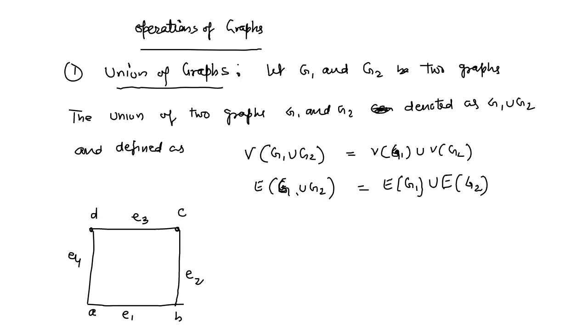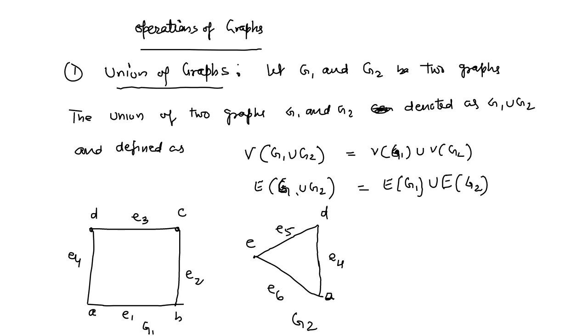Another graph we draw, having this vertex as E, this vertex as D, and this vertex as A, with edges E4, E5, and E6. So this is the graph G2.